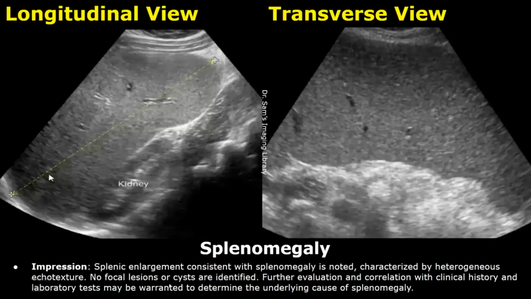There were no focal lesions or cysts in this example. Further evaluation and correlation with clinical history and lab tests may be warranted to determine the underlying cause of splenomegaly.